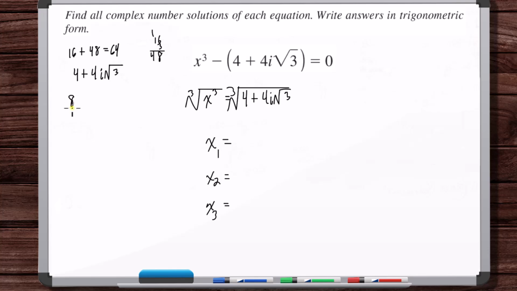So we got 8. Okay, then the theta, the angle, if we do arc tangent of, so let's see, 4 root 3 over 4 is just root 3. So with the 30, 60, 90 triangle, okay, let's see. So tangent 60 is root 3, so 60 degrees. Now, whereas this number, it's in the first quadrant, so the angle is going to be 60.